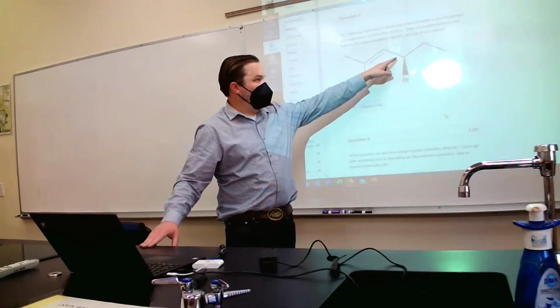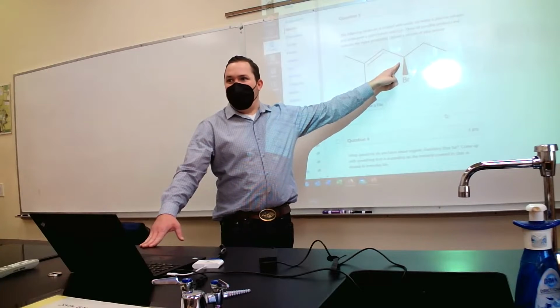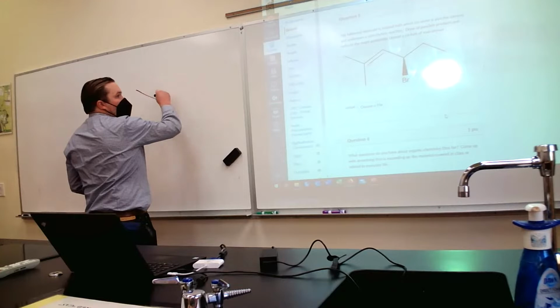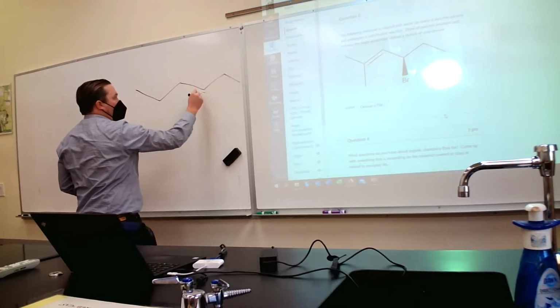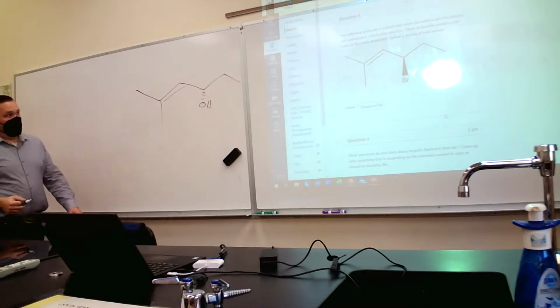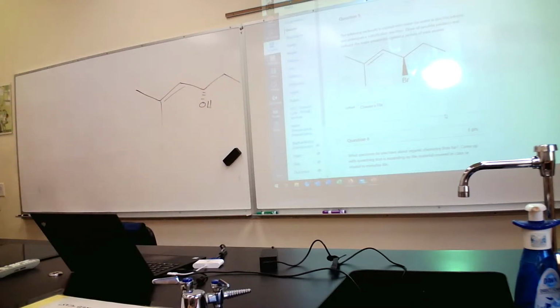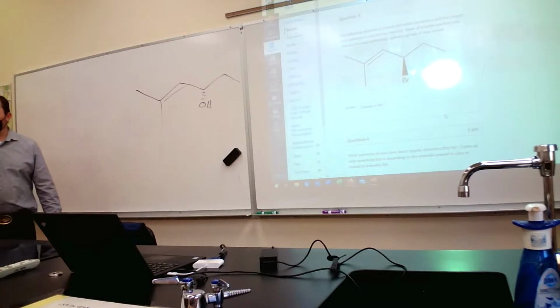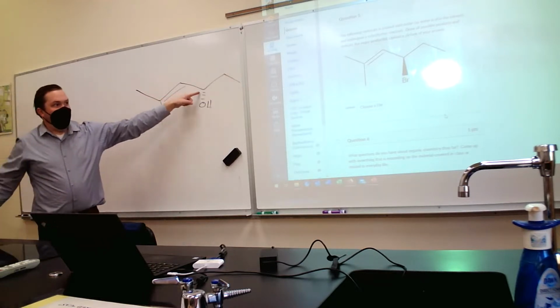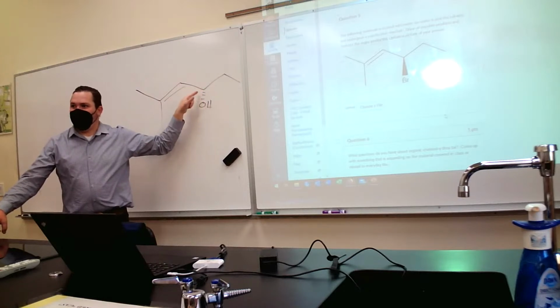If this went through SN2, we would only get the isomer that looked like this. Because while the resonance can stabilize the transition state a little bit, it can't actually resonate to the point of putting a positive charge here, because your nucleophile is coming in at the same time the bromine's leaving, so it has to be on the same carbon the bromine's leaving from.